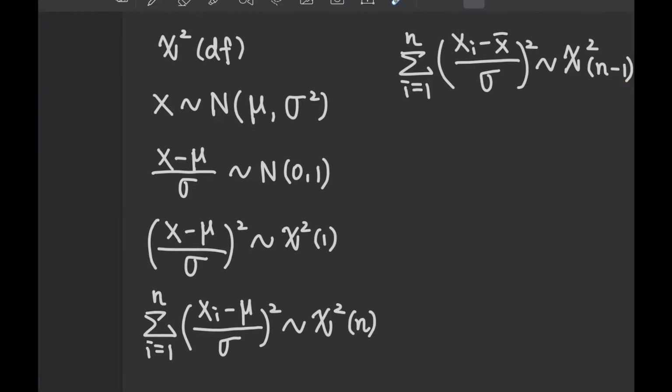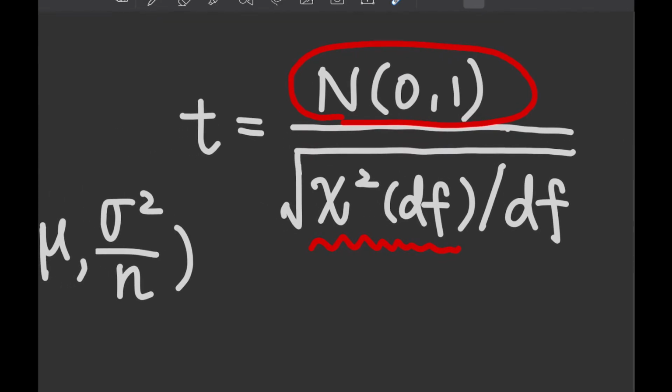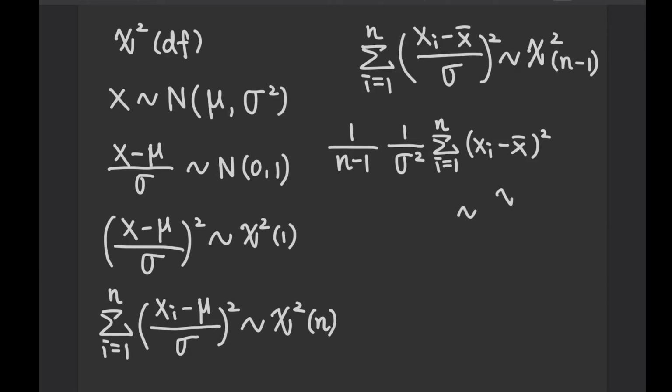Alright, so let's revisit the definition of the t-distribution statistic. Remember that your chi-square variable will be divided by its own degree of freedom. So here we need to divide this whole expression by its degree of freedom, which is n minus 1, alright? And we can also take out the constant term, which is sigma square. This follows a chi-square distribution with a degree of freedom n minus 1 divided by its own degree of freedom n minus 1, alright?